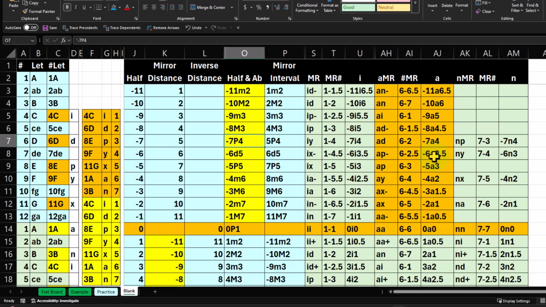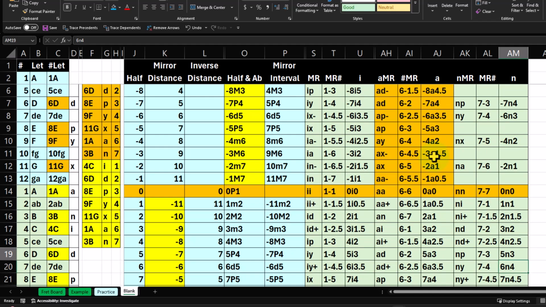So what do we call it? If it's -7 and I went 12 minus 7, that would be 5 forward. We call that a perfect fourth. So 5 forward is typically a perfect fourth, and therefore 7 backwards you can kind of think of as a perfect fourth. It makes more sense this way though, because now I can say that if we're going -4 half steps backwards, 7 minus 4 would be 3 modal half steps forward. So 3 modal half steps forward is going to be here.